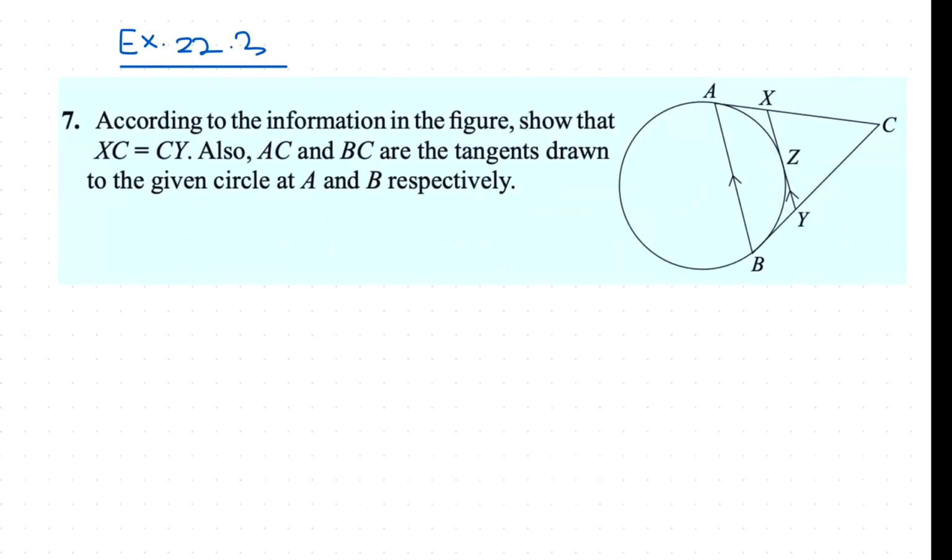Also, AC and BC are tangents drawn to the given circle at A and B, respectively. How would you do this based on what we know?